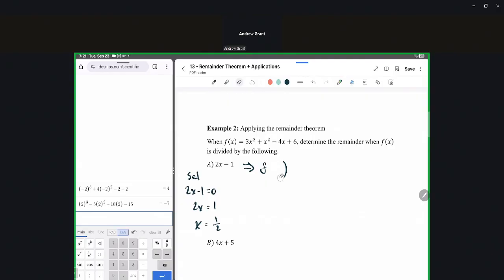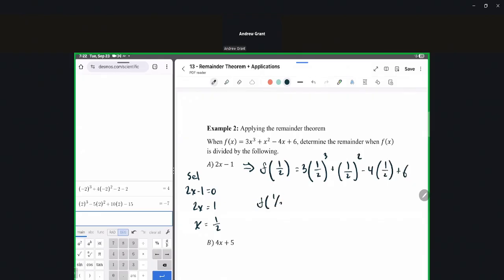And again, I like using the Desmos calculator because it even has a fraction button for us if we're so inclined, because sometimes classes do care about that. Otherwise, decimals are normally fine. So this will be 3 times 1/2 cubed plus 1/2 to the power of 2 minus 4 times 1/2 plus 6.